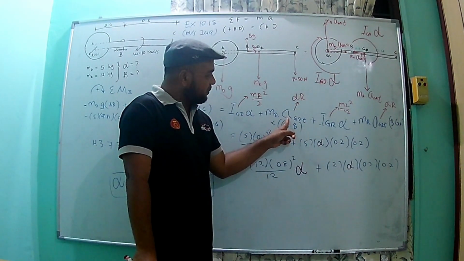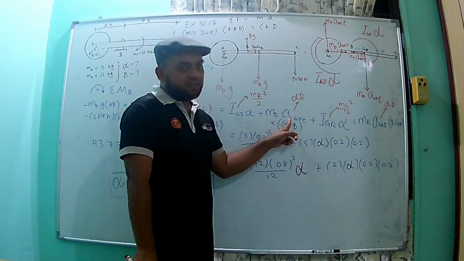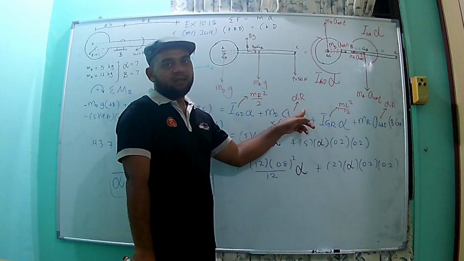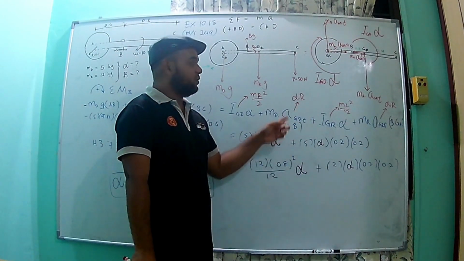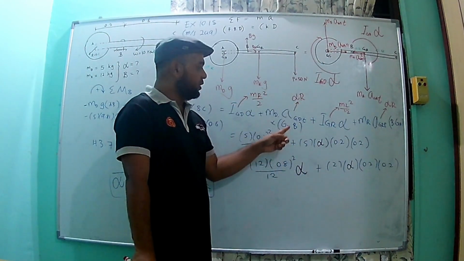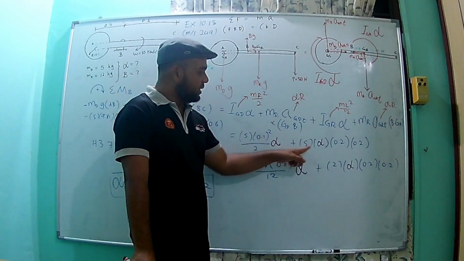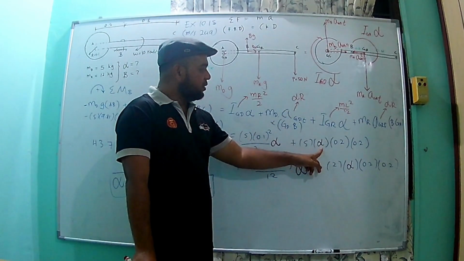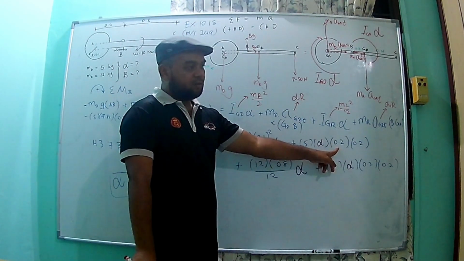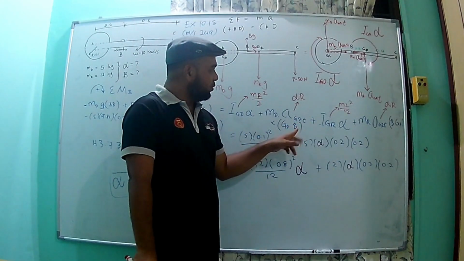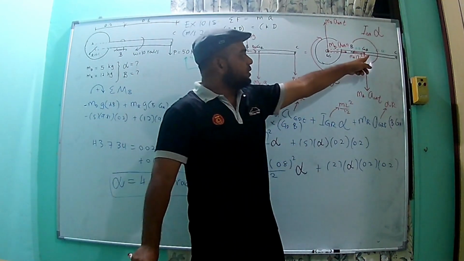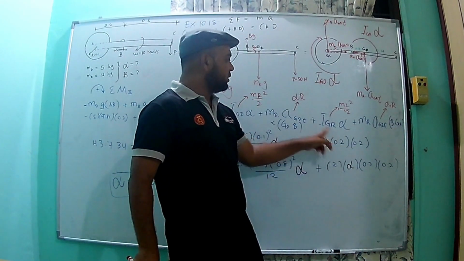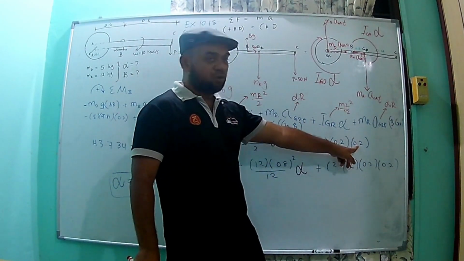The second part is the tangent acceleration. You have two equations: a tangent is alpha r and a normal is omega squared r. We don't use a normal here, so we use a tangent, alpha r. Alpha we don't know. The r is the distance from the center of gravity to the center of rotation, so this is 0.2 times the GB, which is also 0.2.